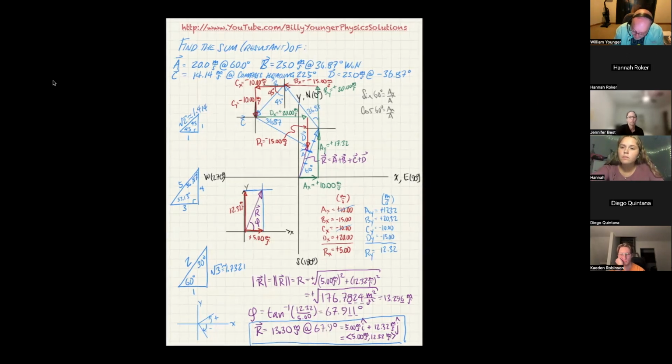Similarly, if I took the cosine of 60 degrees, that should give me AX over 20 meters per second. So 20 meters per second times the cosine of 60 should give me 10.0 meters per second. Notice it's not spitting out any signs. I want to be the one to put the signs on there, and you should be too.